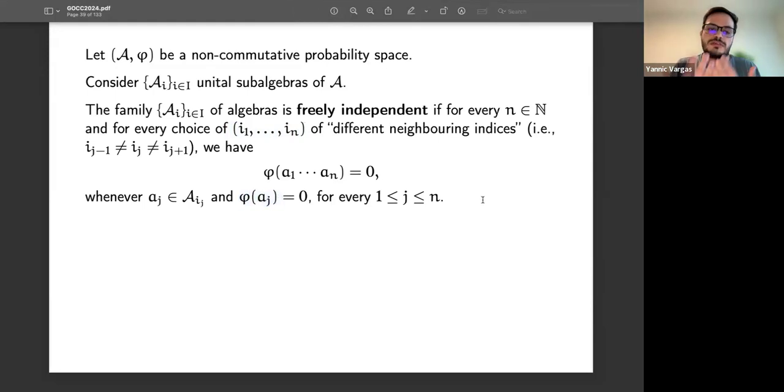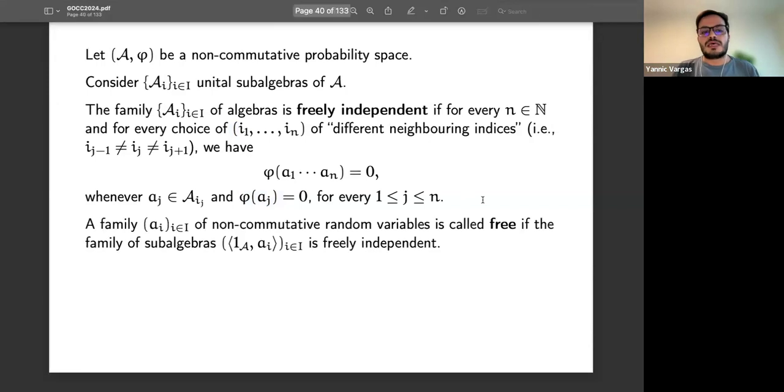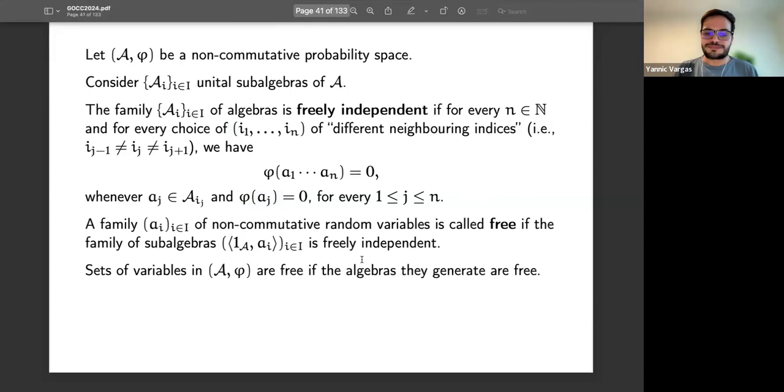So this is the definition of a family of freely independent algebras, and then a family of elements of non-commutative random variables will be free if the family of subalgebras that I generate with the identity, with the neutral element of the algebra, is freely independent with respect to this definition.